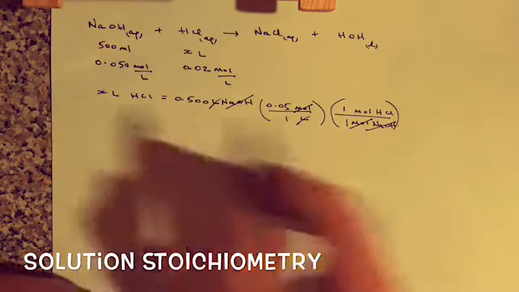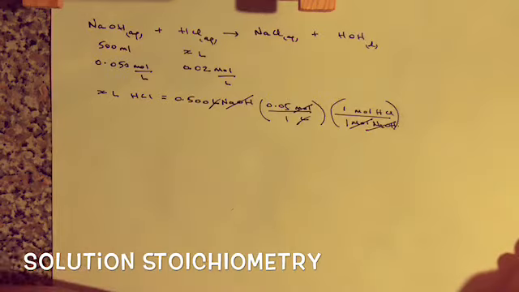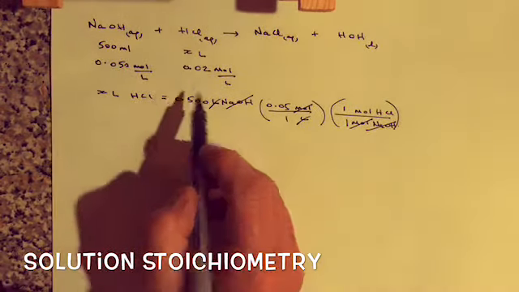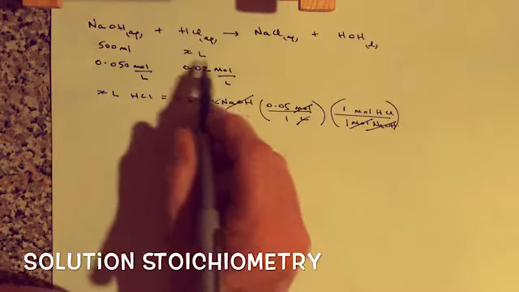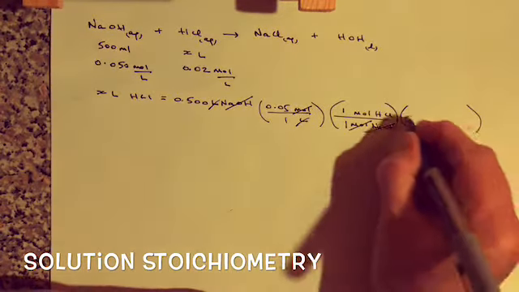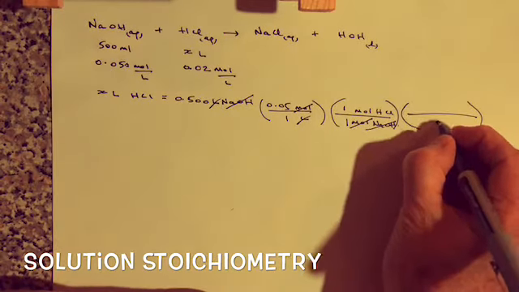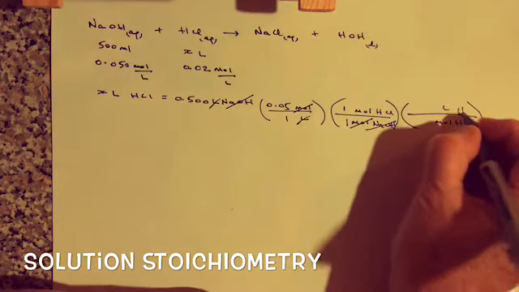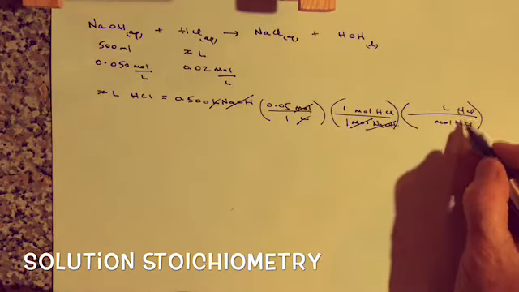Last but not least, we're in moles of HCl. We want liters of HCl. So there must be something in this question that gives us a relationship between moles and liters for hydrochloric acid. And there it is, my friends. We now need to convert this moles of HCl into liters of HCl. Now notice I'm writing HCl again twice.